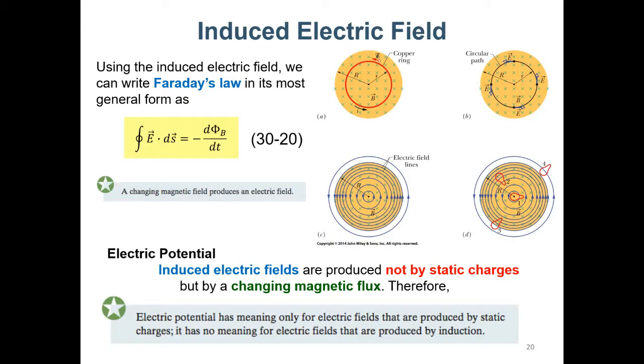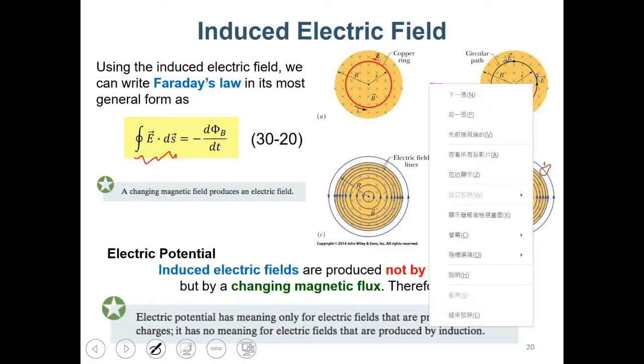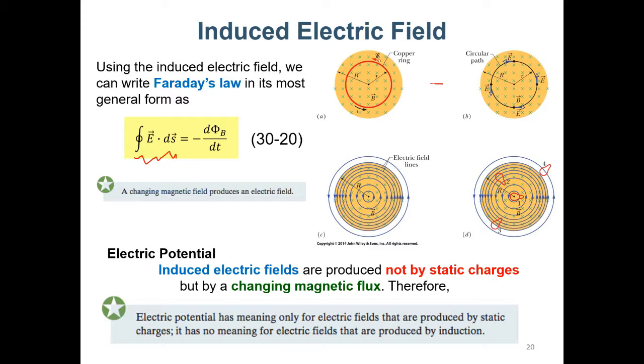However, here, suppose this one is not 0. If you still consider it as a voltage, it will be very strange, because the voltage is going in this direction, going down.